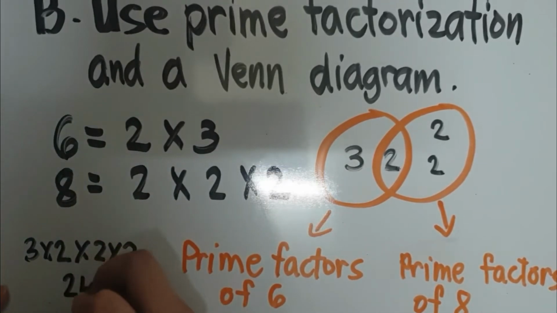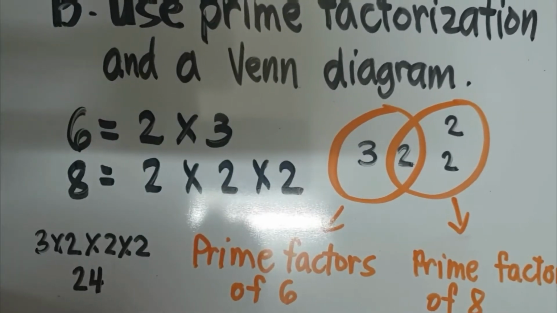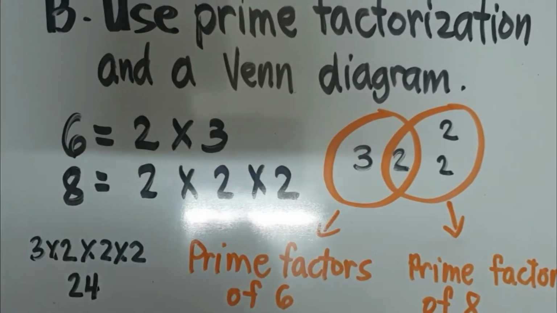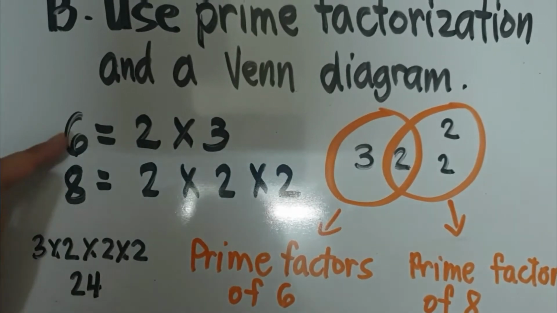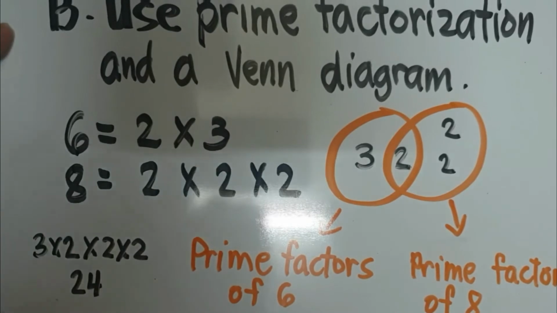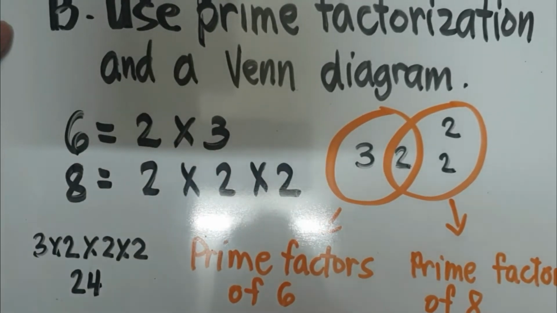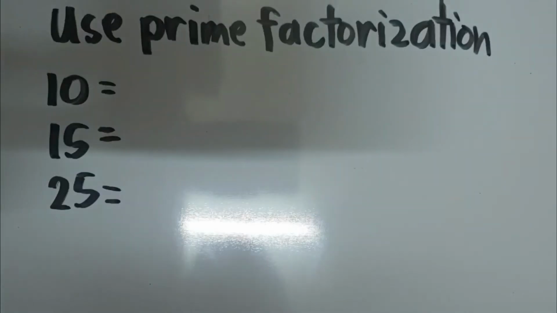So that means the least common multiple of 6 and 8 is 24. If you have noticed, when we use the first method, which is the listing method, we also got 24.